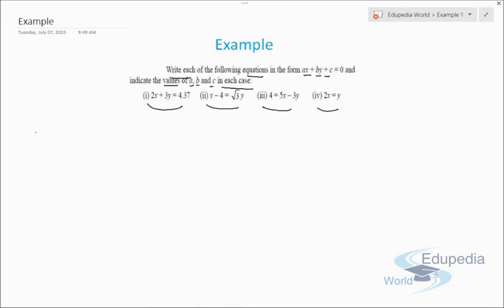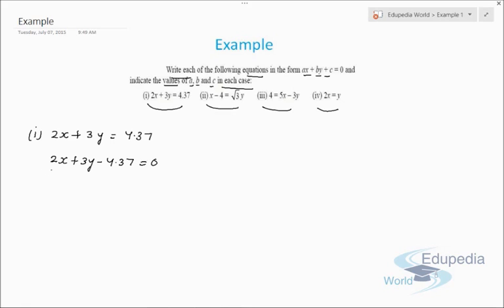Now, the first equation is 2x plus 3y equals 4.37. So this equation can be written as 2x plus 3y minus 4.37 equals 0.